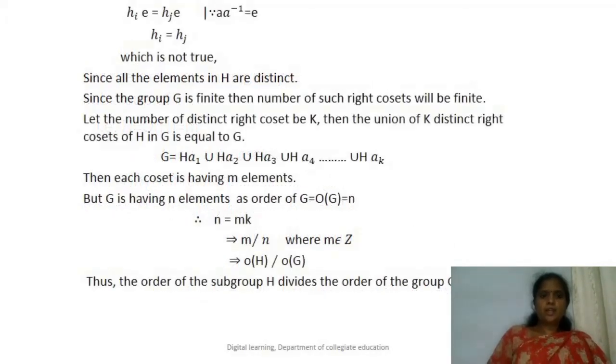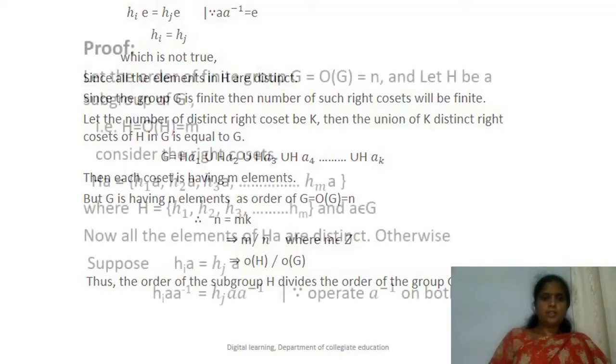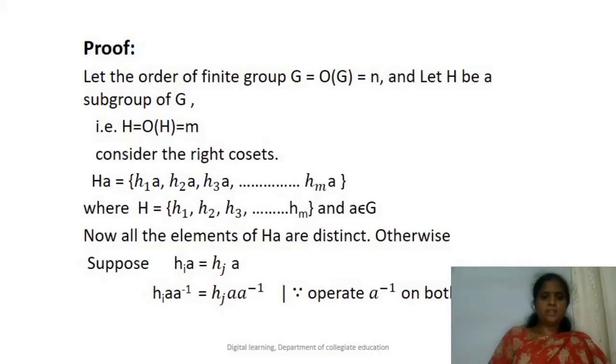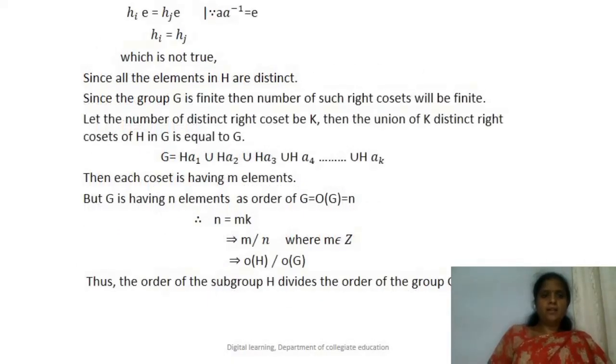So hi e equals hj e. Therefore, we have hi e equal to hj e. The identity element with hi gives hi only, and the identity element with hj gives hj. So if you observe here, hi is equal to hj.